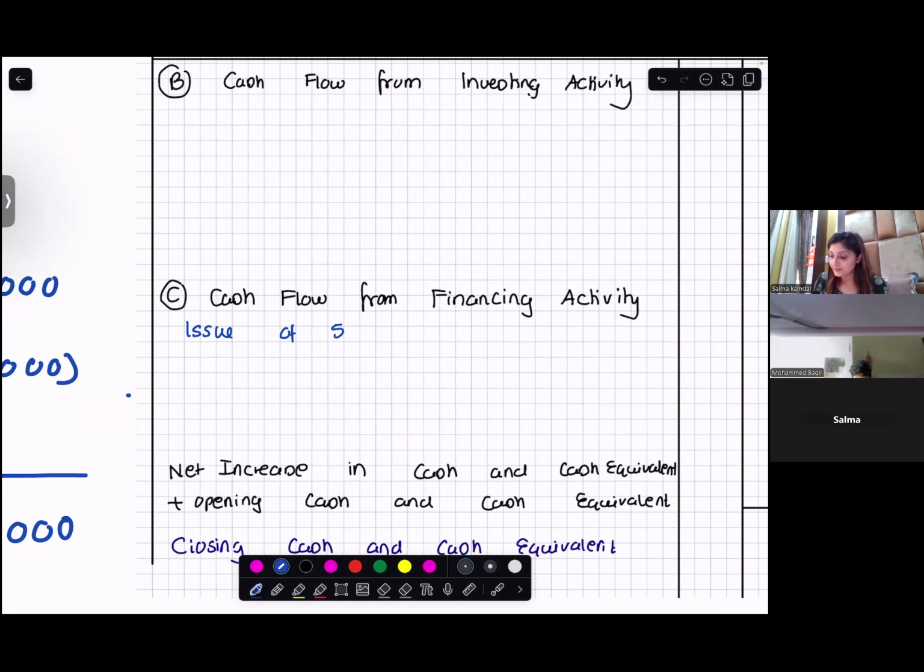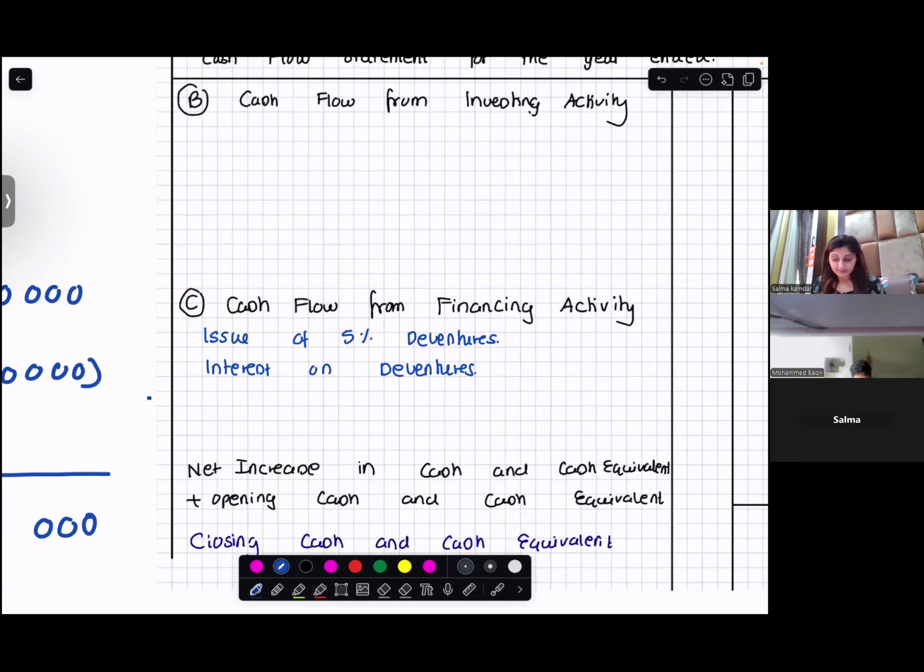Are you doing along with me? I will also write interest on debentures. How much is the 5% debentures? 90,000. Now, whenever you have to write interest on debentures, what will you see?